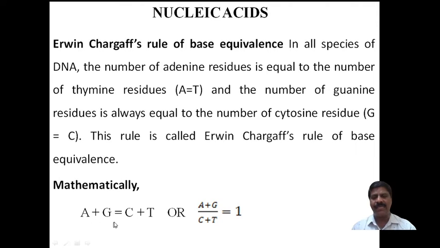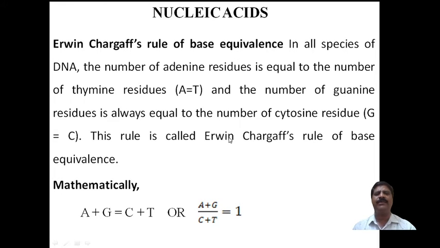Therefore, A plus G equal to C plus T. Then we can transfer this to get A plus G divided by C plus T, and this is nearly equal to 1. It is not exactly equal, it is nearly equal to 1. Therefore, this indicates the Irving Chargaff rule for base equivalence.